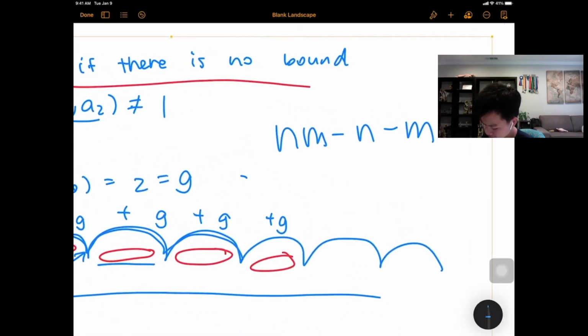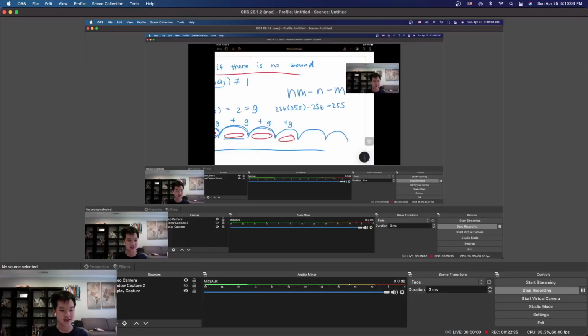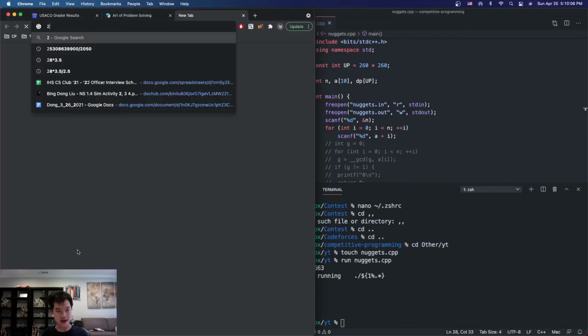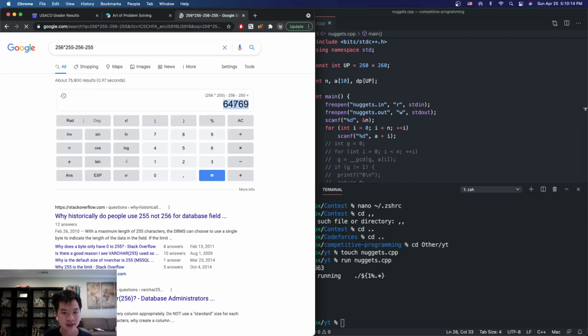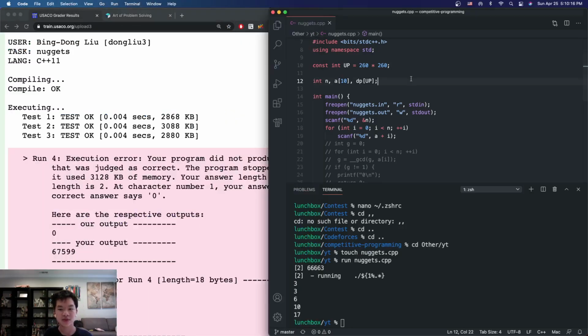So this is going to be 256 times 255 minus 256 minus 255. All right, let me use a calculator. This is going to give us this number, so this is going to be the upper bound. So we're just going to do this plus 1.